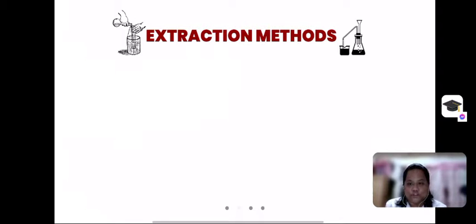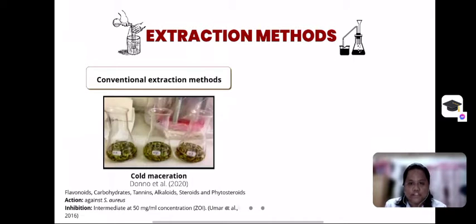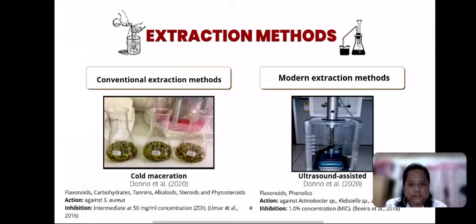It is grouped into conventional extraction methods such as maceration, percolation, steam distillation, and hydrodistillation, and more, while modern extraction methods include ultrasound-assisted extraction, vacuum distillation, solvent extraction, and more. Certain bioactive compounds can be extracted by various extraction methods that influence the inhibition of ESKAPE pathogens.